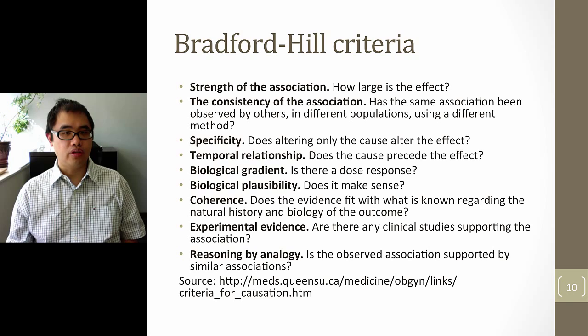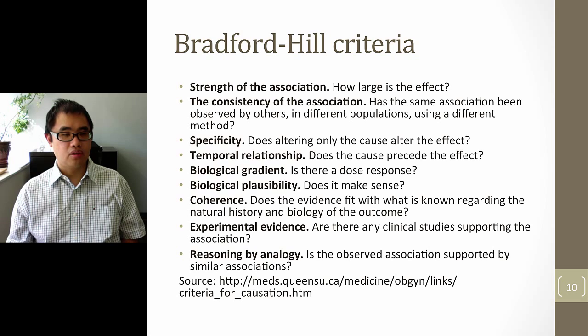So, for example, if multiple studies have been observed but have shown the same association in different populations using different methods. Specificity, does altering only the cause alter the effect? Although this is a weak criteria. Temporal relationship, so does the cause precede the effect? Biological gradient. Is there a dose response? Biological plausibility.